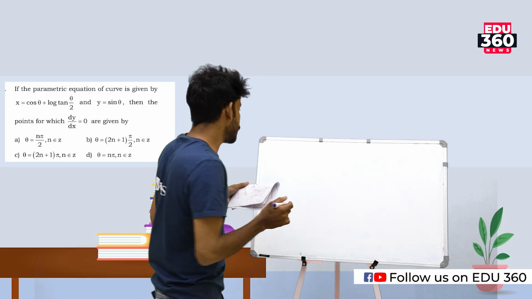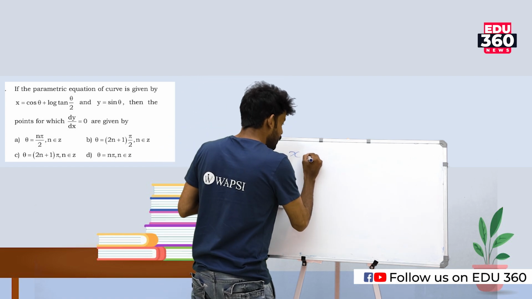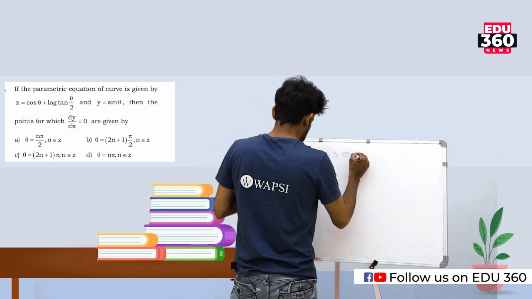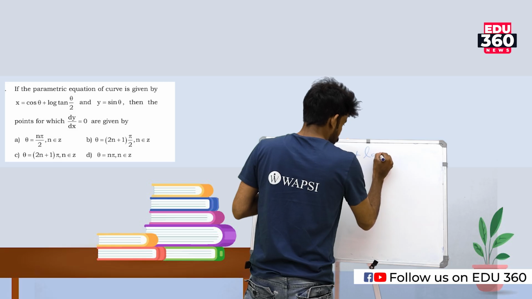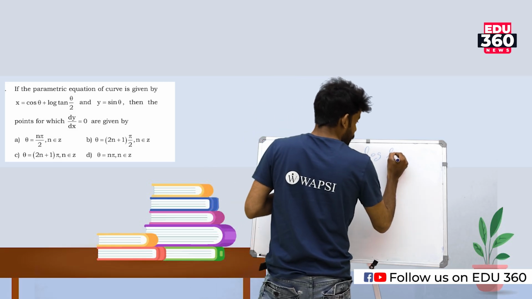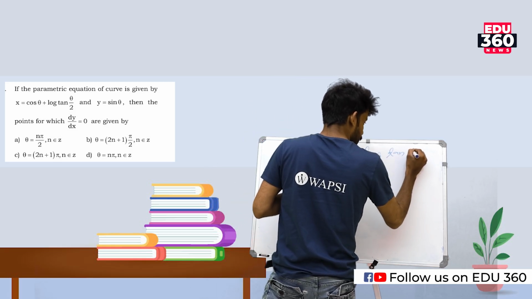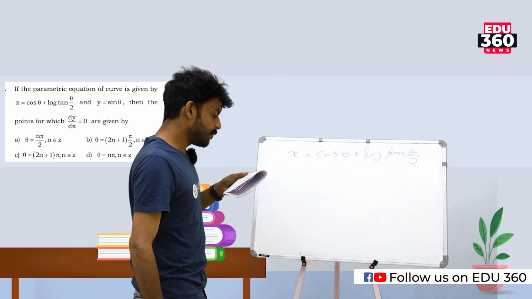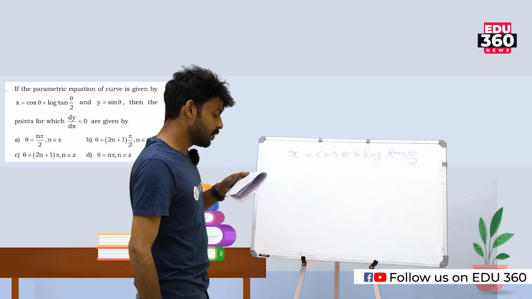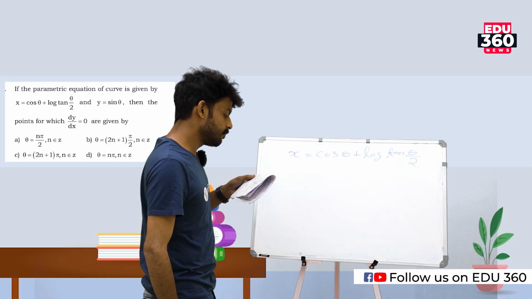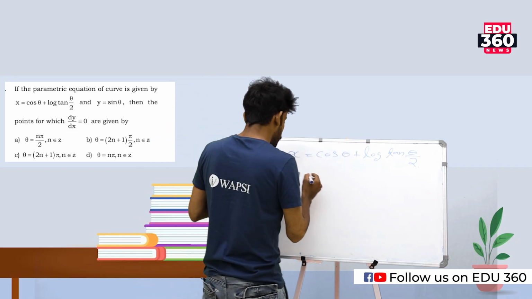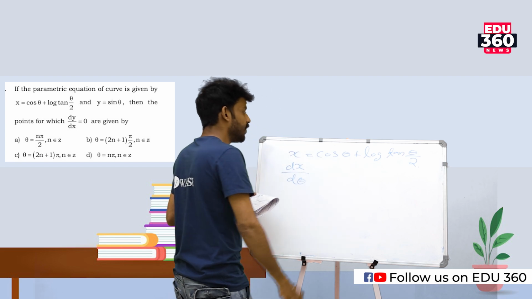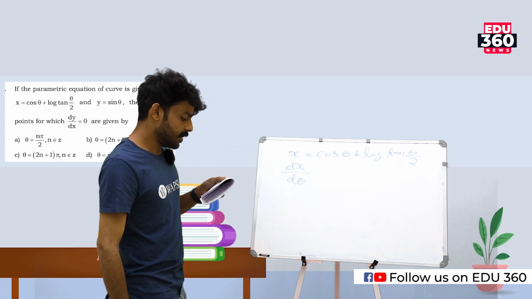So first of all we can write, it's given x is equal to cos theta plus log tan theta by 2. Okay, so from this, first of all, we can find dx by d theta.